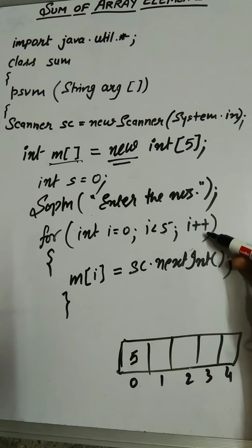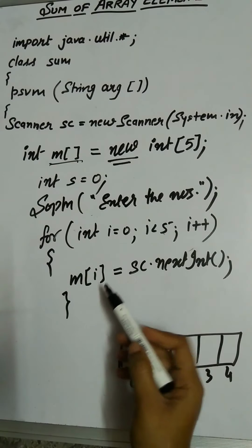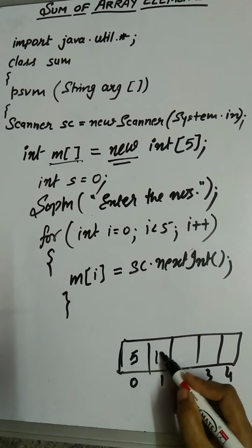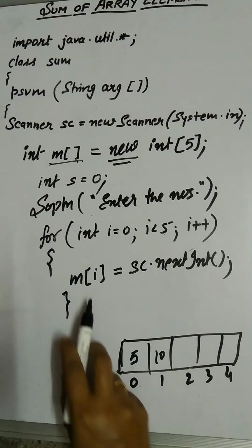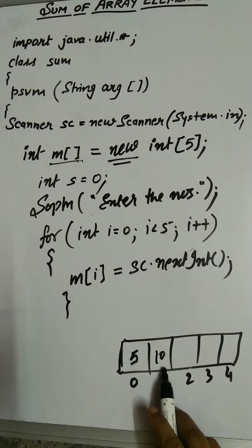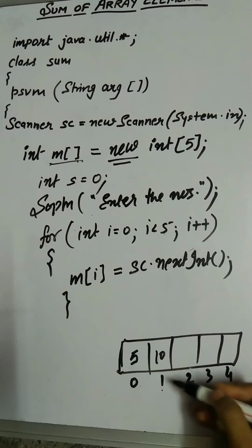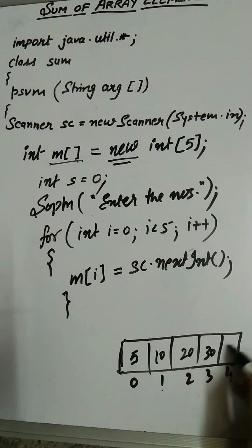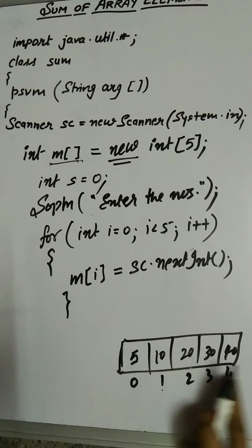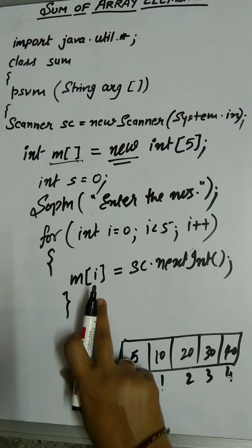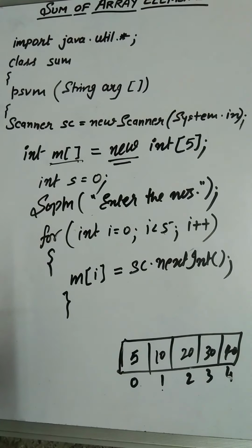The i value is now 1. So next time when you enter a value, suppose you enter 10, in which index position will 10 be stored? The i value is 1, so at index 1 it stores 10. Like this, you enter, suppose, 20, 30, 40, according to this array element.